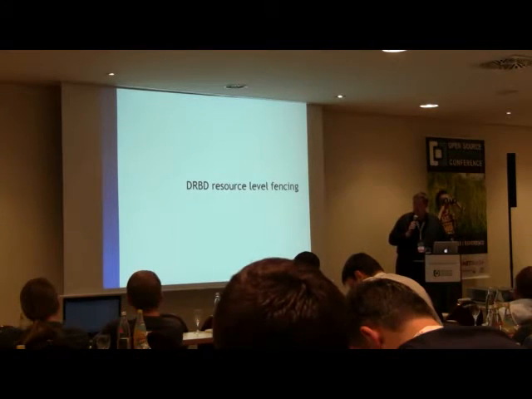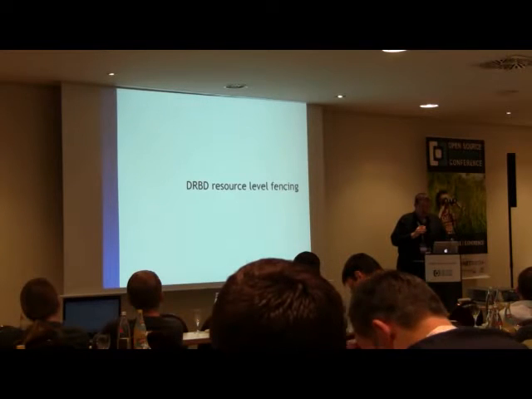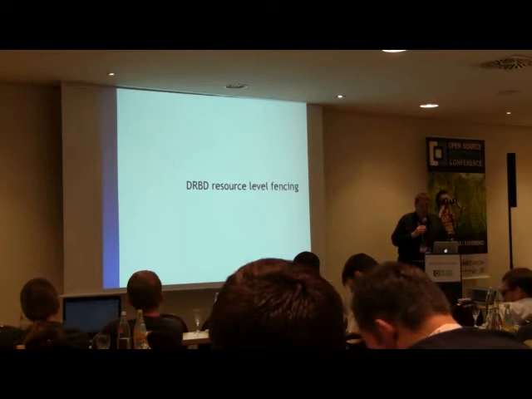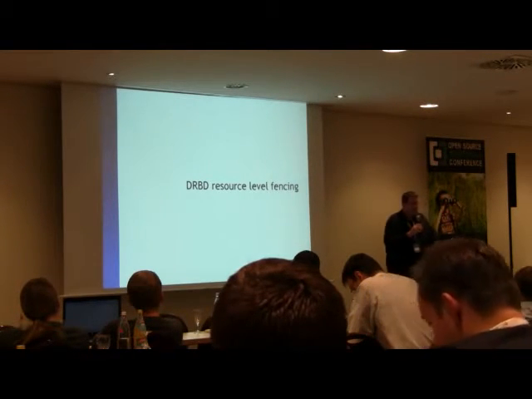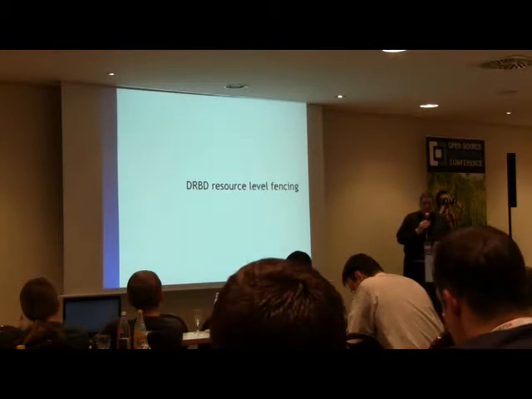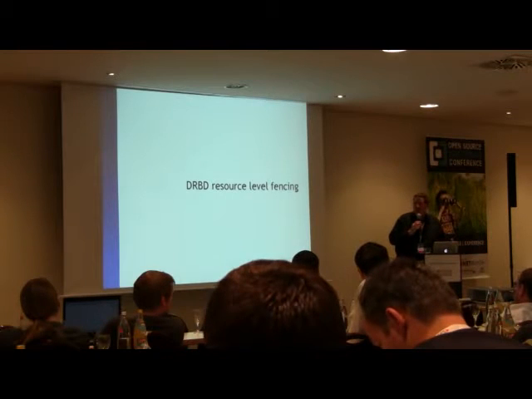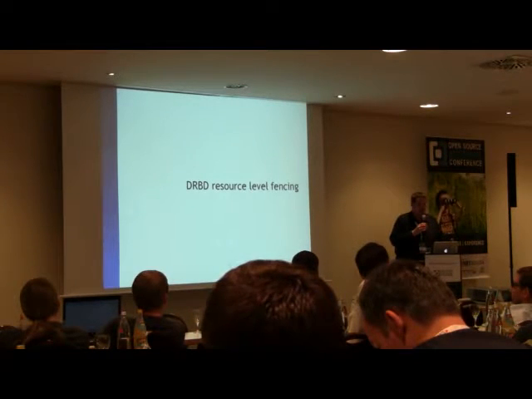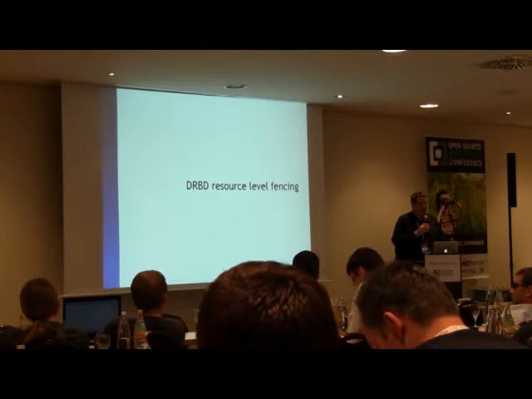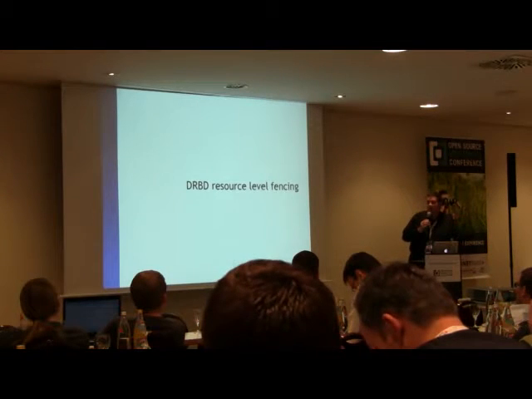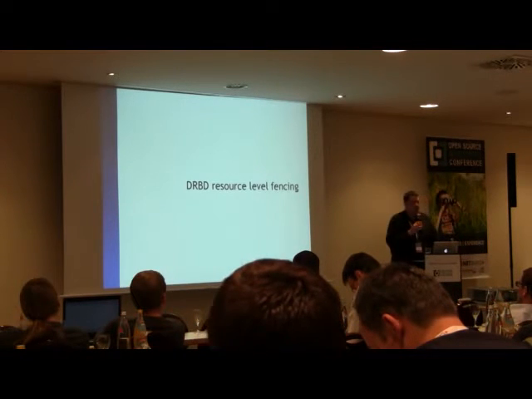So when talking about DRBD resource level fencing, or when talking about DRBD fencing with Pacemaker, there's one nice thing to add when it comes to DRBD. DRBD has a mechanism built in to avoid time warps caused by a disconnected DRBD replication link. If you use DRBD, you will have a replication link between the 2 servers that DRBD uses to replicate its data.